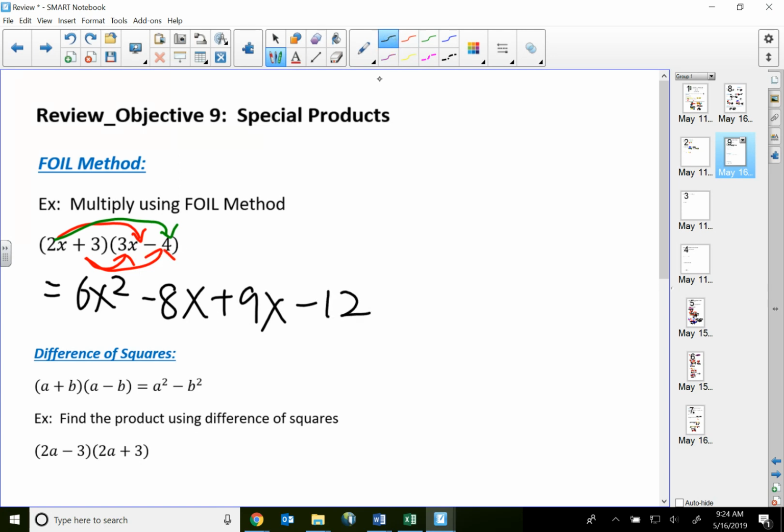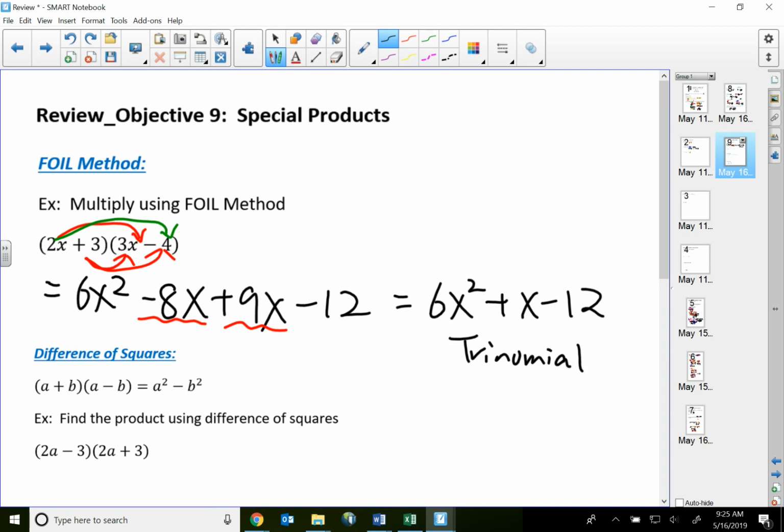So of the four terms I have here, the two terms in the middle are like terms. So we can combine them and say the answer is 6x squared plus x minus 12. The answer that you end up with here is what I normally call a true trinomial. A true trinomial is the last three terms of a polynomial where the exponents go 2, 1, 0 power.